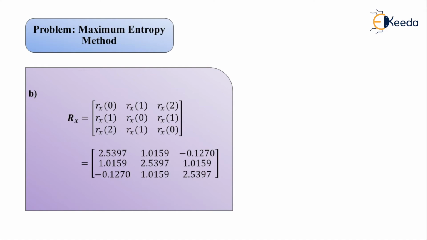The second row elements are 1.0159, 2.5397, 1.0159, and at the last row we have the elements minus 0.1270, 1.0159, and at last the third row third column element 2.5397. Now for this autocorrelation sequence matrix form, if we determine the inverse of the same, that we can denote by Rx inverse, we obtain again a 3 by 3 order matrix.